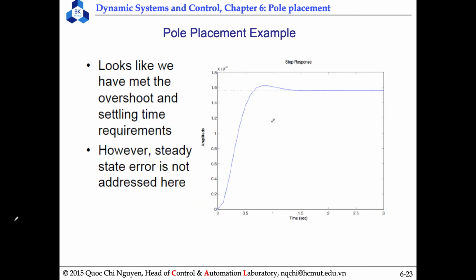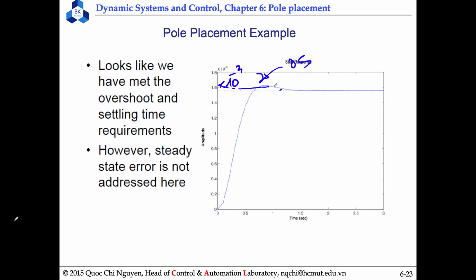And let's simulate it. So this is actually 1.6 minus, multiplied with 10 to the exponent minus 3. And if we check here, we see we can achieve the overshoot.